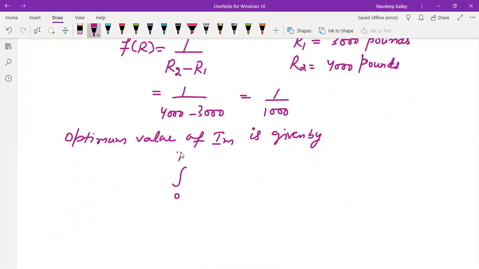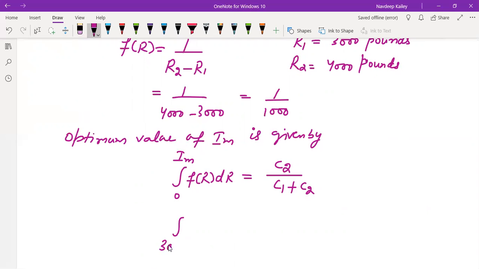Now the demand is between 3000 and 4000 pounds.